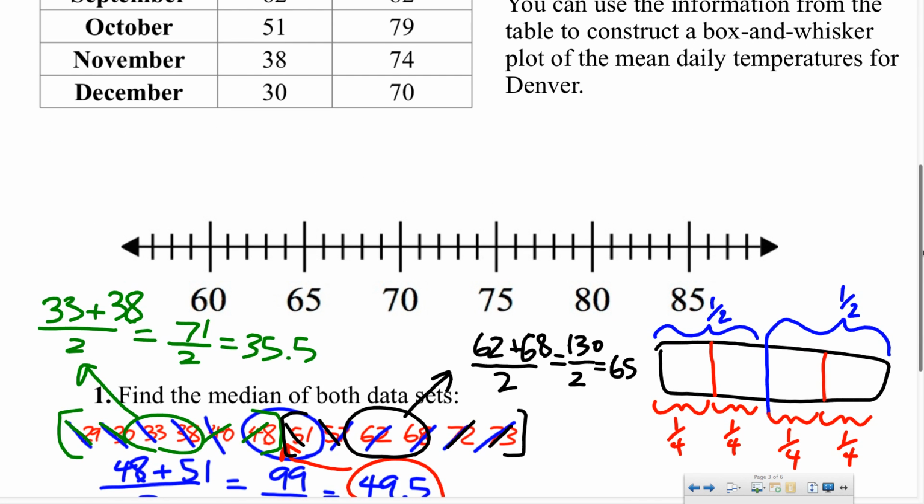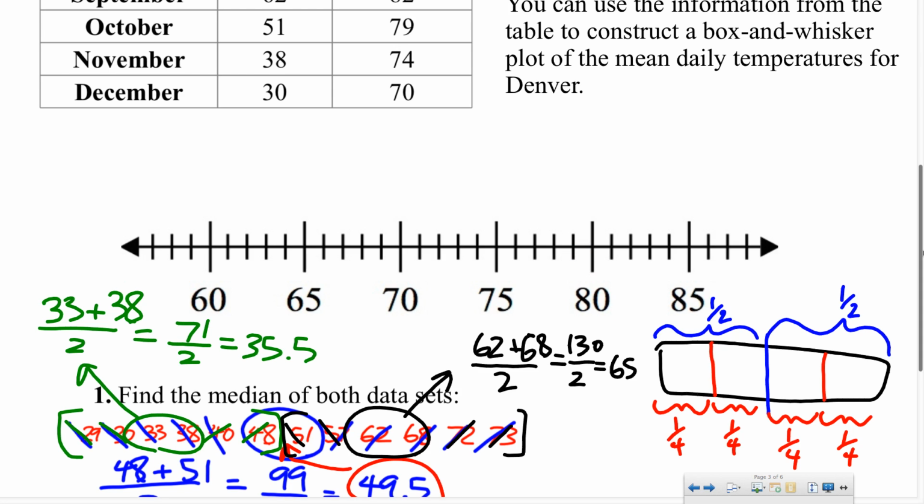So we're going to make our box-whisker plot for Denver. Now, here are the points we gotta put on the number line. And I'm going to do this all in red since we wrote the numbers down in red for Denver. So first of all, what's the smallest? I need a different number line.